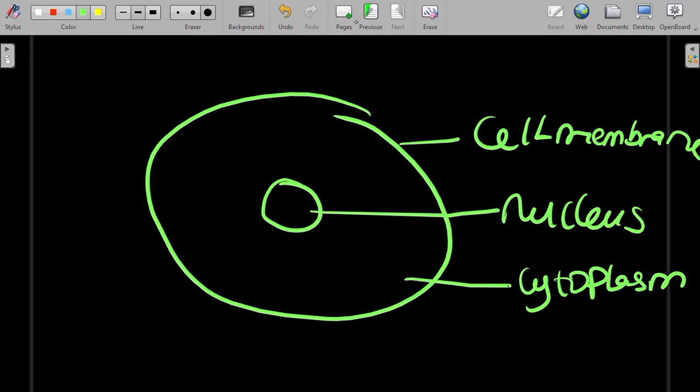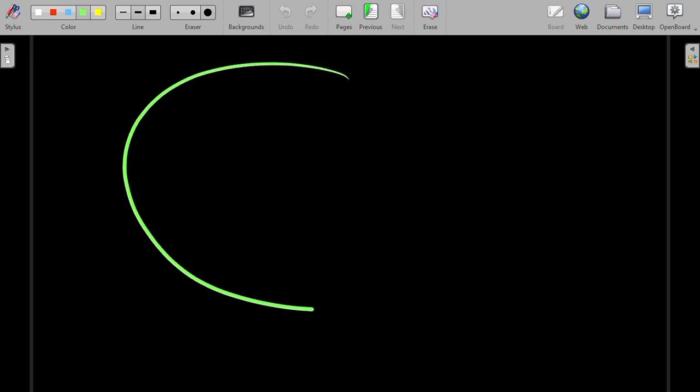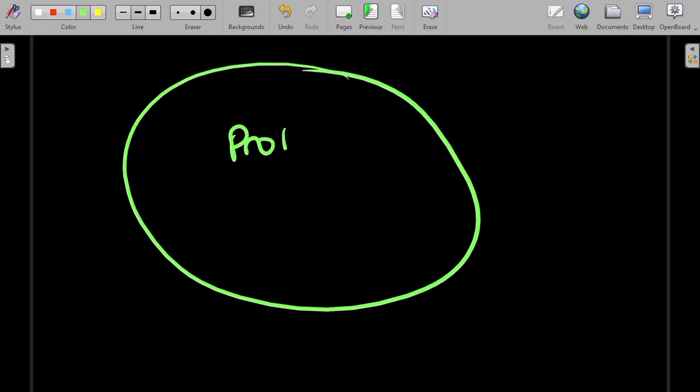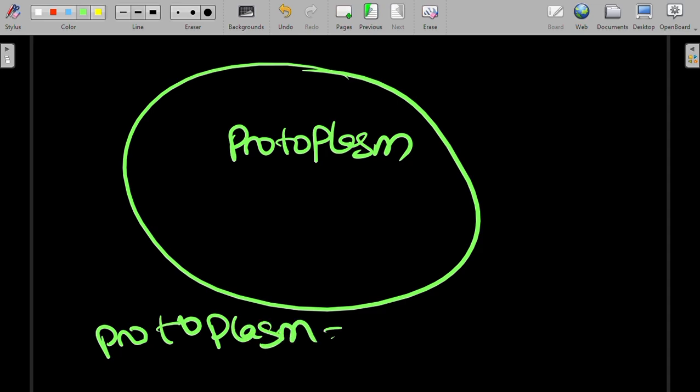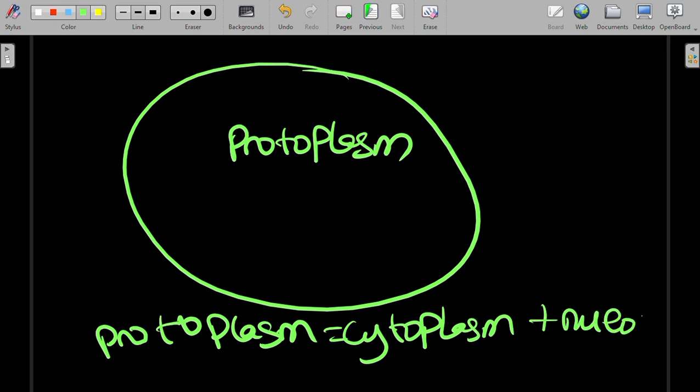Now in the cell, we have the protoplasm. This protoplasm is the collection of cytoplasm and nucleoplasm. So when they ask you what is protoplasm, protoplasm means the collection of cytoplasm and nucleoplasm.